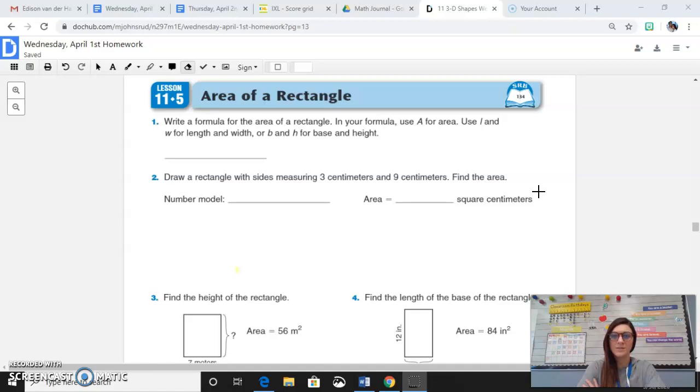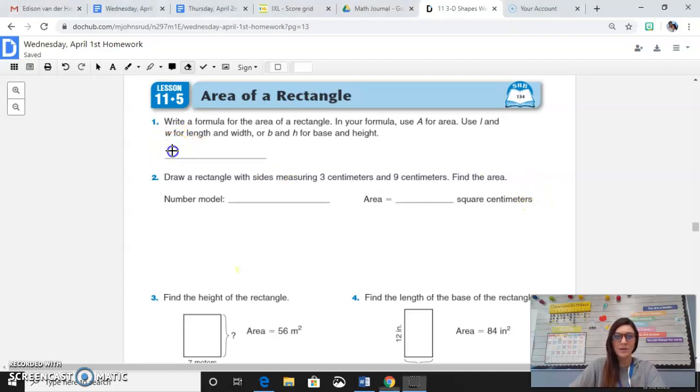In your formula, use A for area, use L and W for length and width, or B and H for base and height. So if you guys don't remember, area equals base times height or length times width.